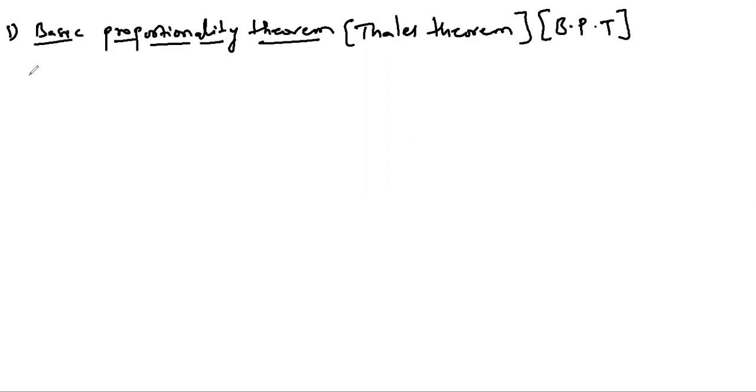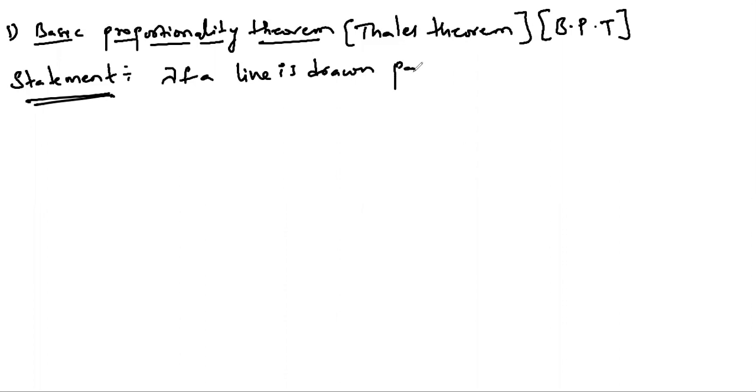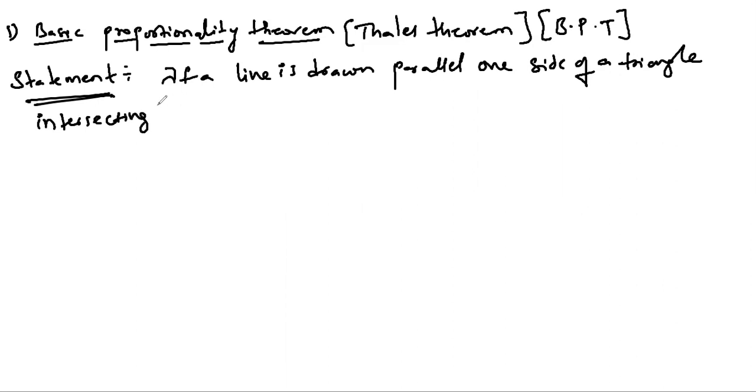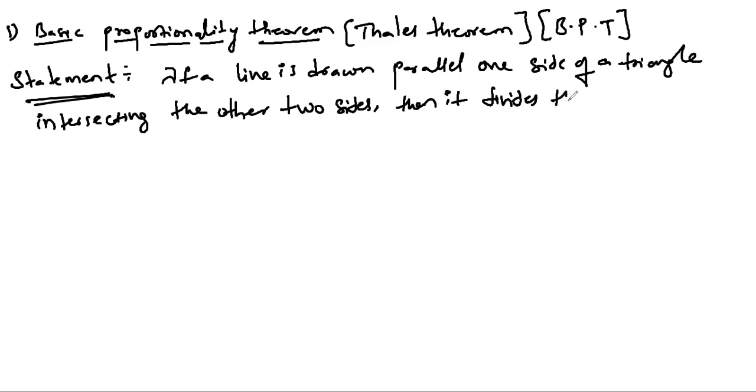Statement is for 1 mark or 1.5 marks. Statement: If a line is drawn parallel to one side of a triangle intersecting the other two sides, then it divides the two sides in the same ratio.